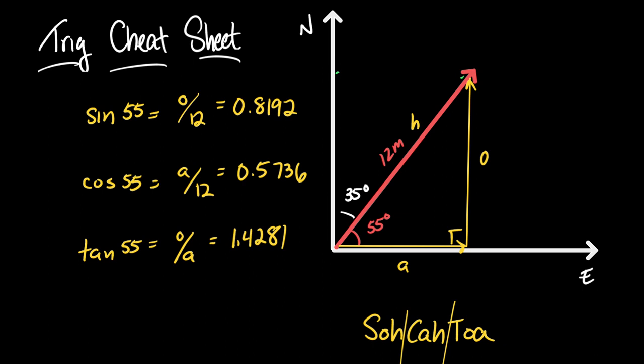So I'm going to do that. My opposite side is 12 times 0.8192. My adjacent side, 12 times 0.5736.